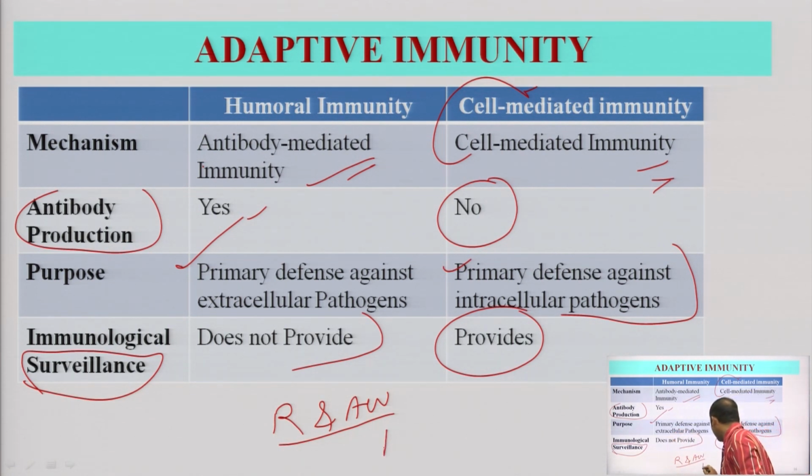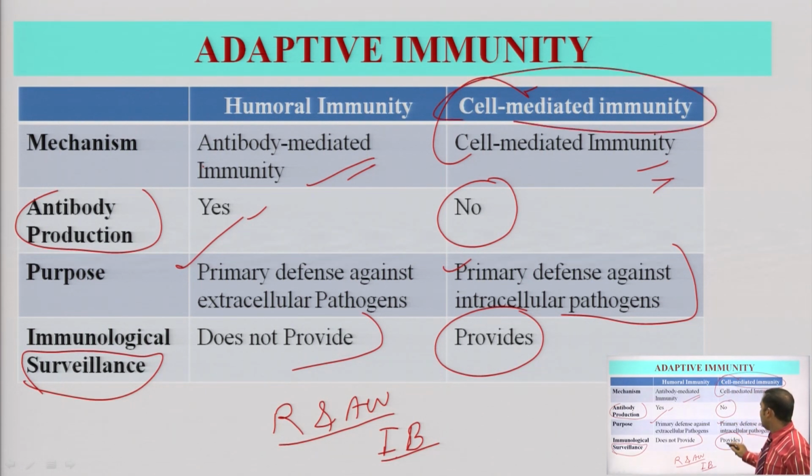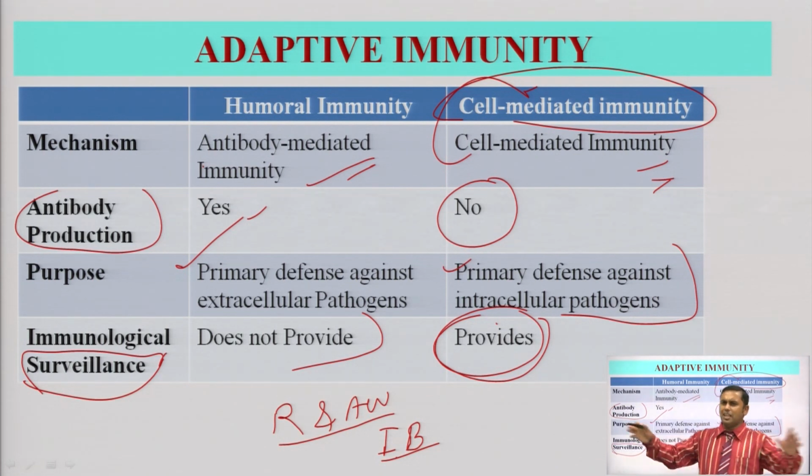Have you ever heard about the IB, the Intelligence Bureau? To maintain law and order in our country, India, we have RAW and IB, and to maintain the proper working of our human body, we have cell mediated immunity, the T cells, doing surveillance in our entire body.